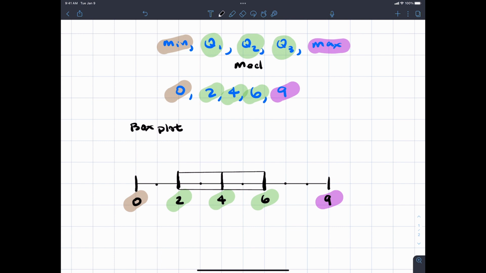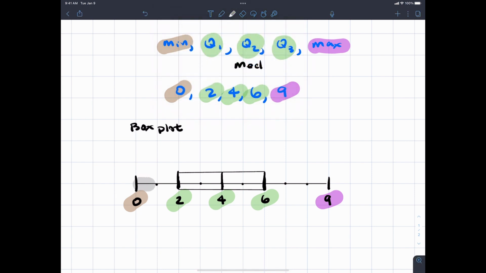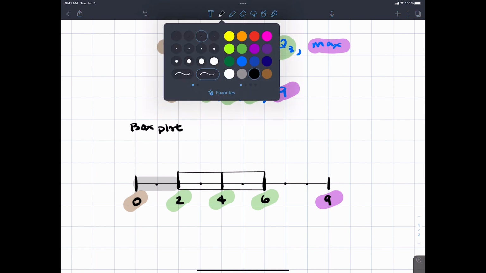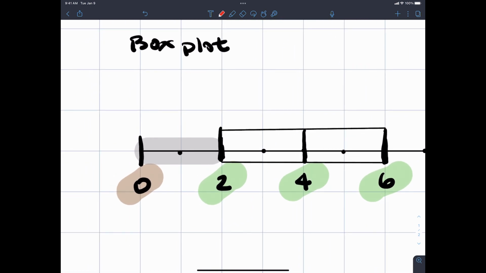Now, you might say, what's so amazing about a box plot? Well, it has information. You know, it's kind of like a picture here. What kind of information do we know since these are quartiles? You guys remember? This is kind of the key. It describes the distribution, yes, but from 0 to 2, that's supposed to be what? 25%. Is that right? And then from 2 to 4 is another what?